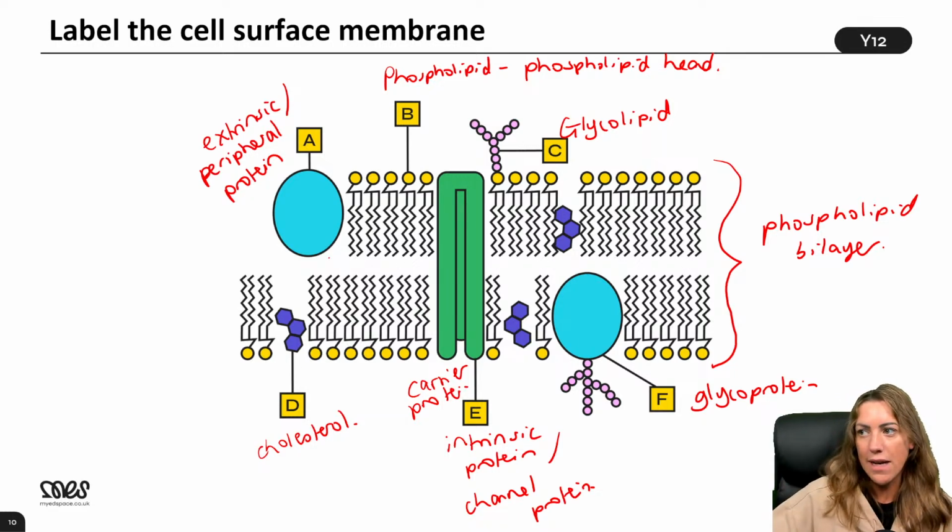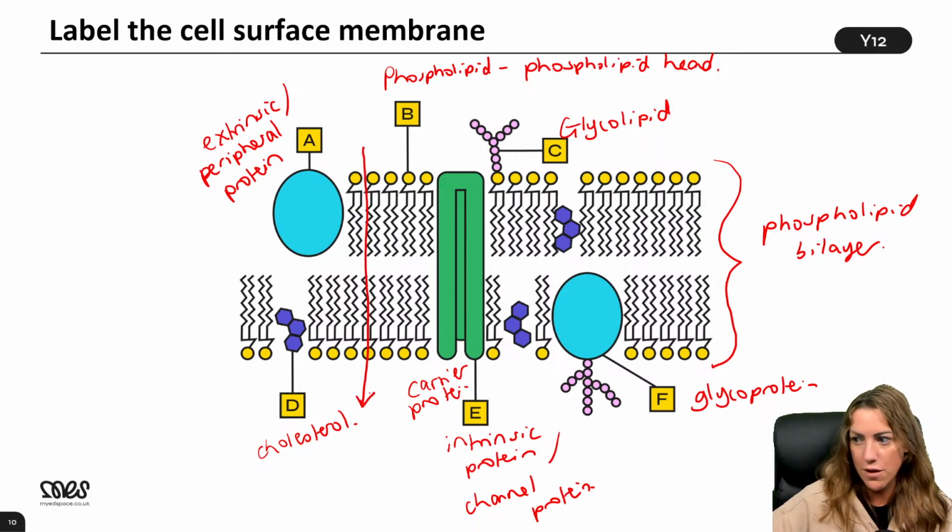But also don't forget what we've learned about simple diffusion. Simple diffusion is where substances diffuse through the phospholipid bilayer. But we've also got facilitated diffusion, which uses a transport protein.